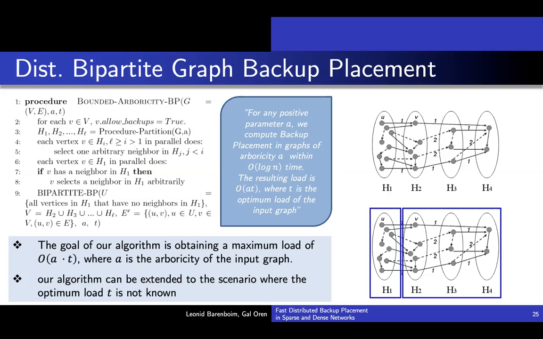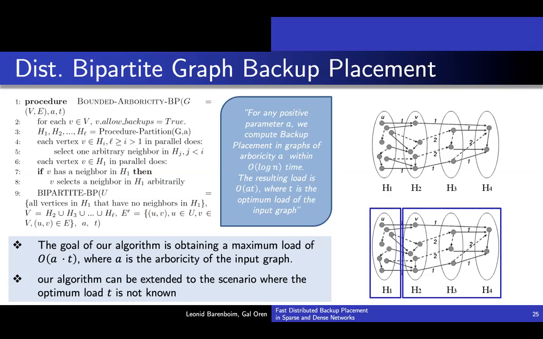Those sets have an interesting property. For each vertex in some set, there must be a neighbor in a set with a smaller H index. For example, for a vertex in H2, there must be a neighbor in H1, and for a vertex in H3, there must be a neighbor in H2 or H1, and so forth.